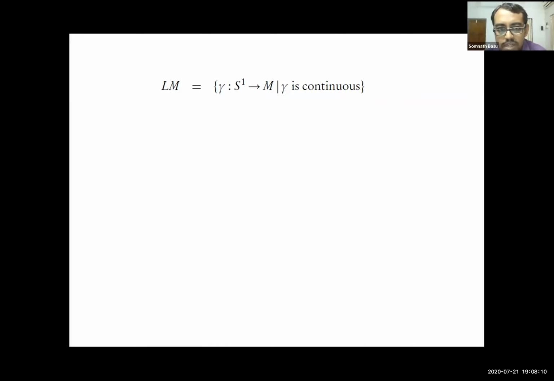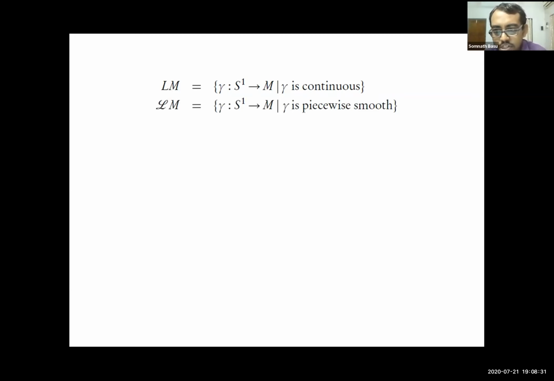And so it is a topological space. Okay. And we are interested in this space simply because we are looking for closed geodesics. And closed geodesics are simply going to be some special curves in this space, right? So we are not interested in random geodesics which are defined over an arbitrary interval. We're interested in closed geodesics.